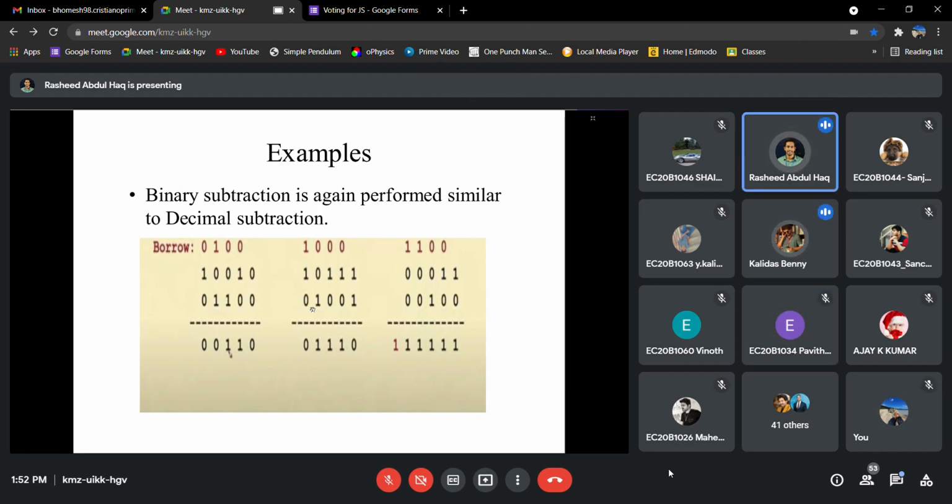Again, next one, 0 minus 1, what will we get? 1 with a borrow of 1. Here we will get a 1, which added with this minus 1 will get 0. Then that borrow is already existing there, so in that 1 minus 0, we will get 1, and that borrow is again negated with that. So we get 0.